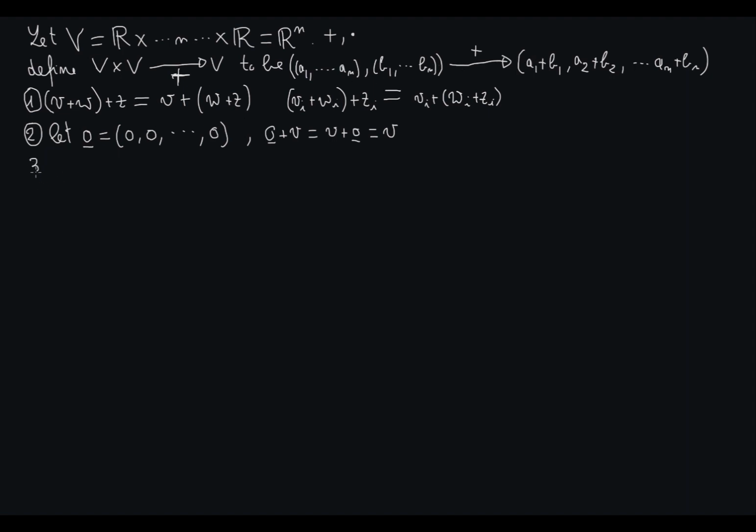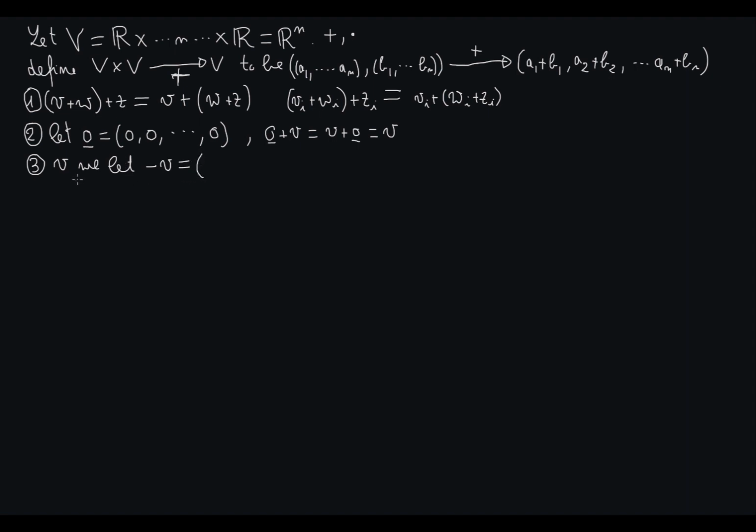Property 3 was the existence of an opposite element. So given v, we let minus v, the opposite of v, be defined as follows.